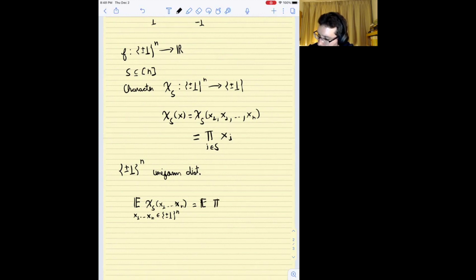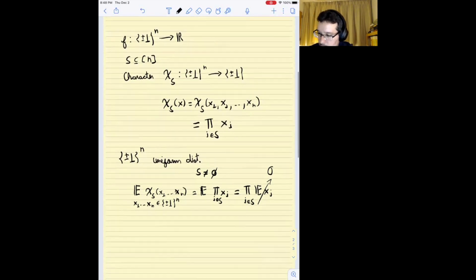And since it's a product distribution, this splits into the product of the expectations of xi, i belonging to S. And if S is different than the empty set, then there is at least one element here, and its expectation is going to be 0. So this evaluates to 0. Very good. So expectations of non-empty characters evaluate to 0.